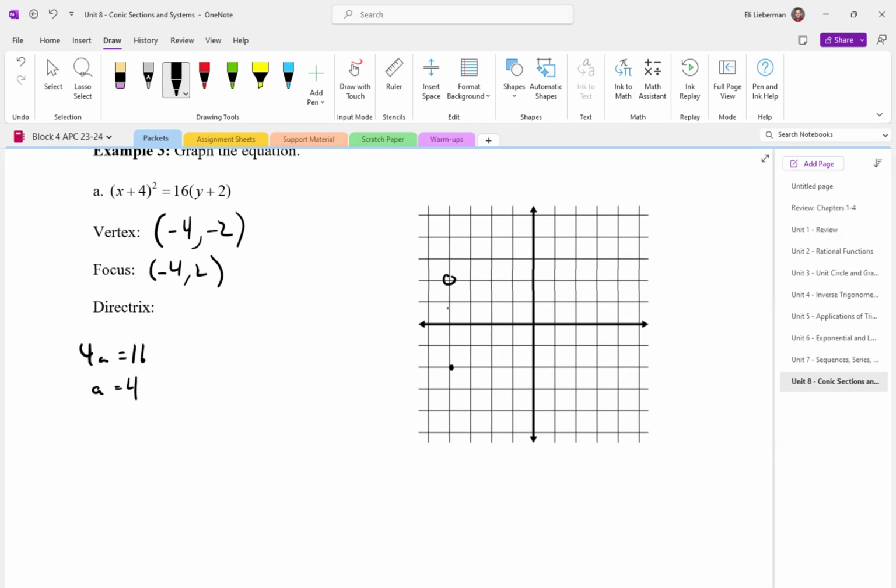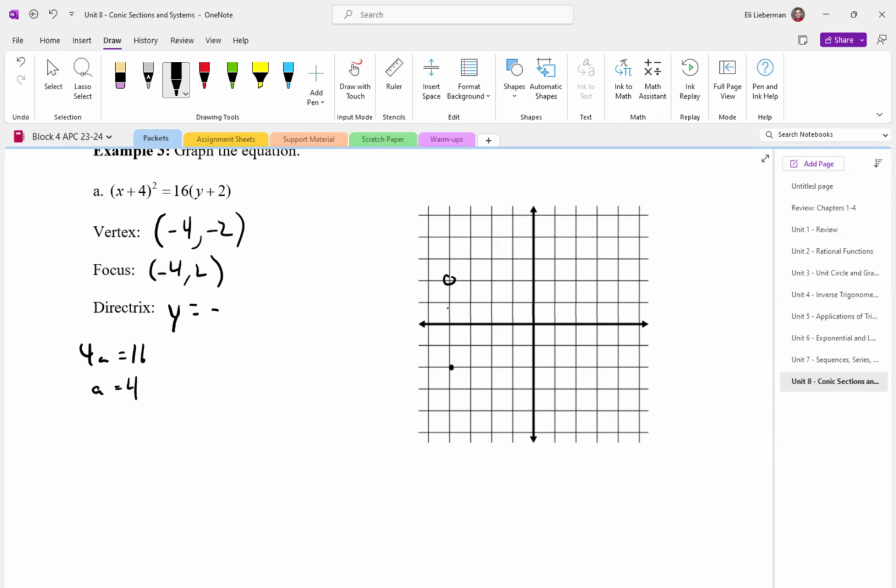But how about the directrix? Joanna, did you get the directrix? Y is equal to -4. And how did you get y equals -4? Because from the vertex to the focus. Remember, the A is equal to 4.